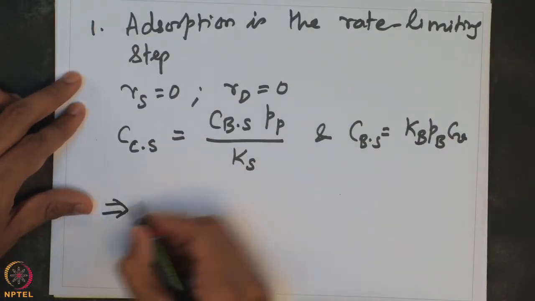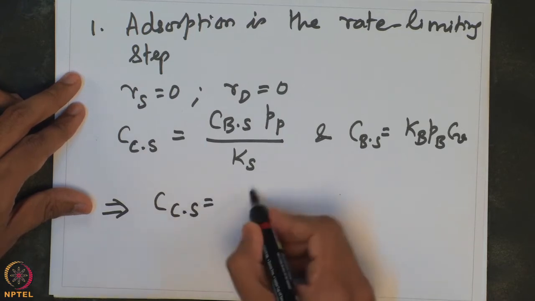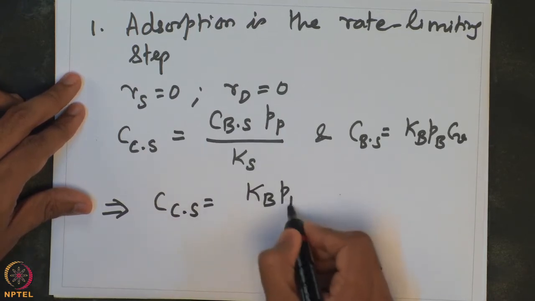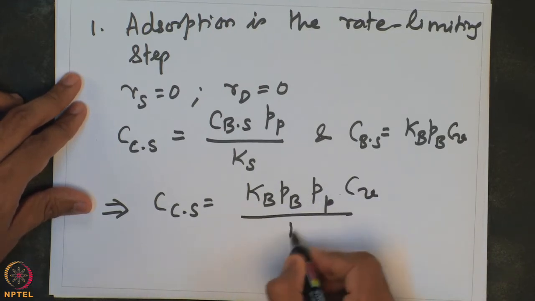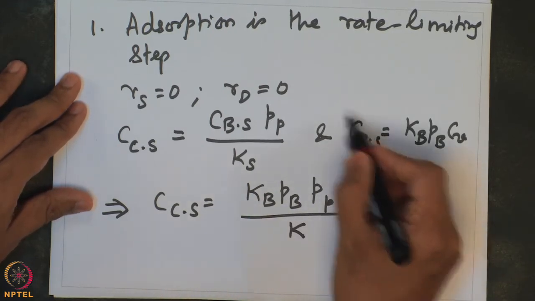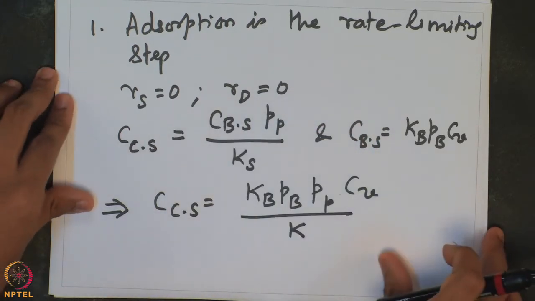So from here we will see that CCS is equal to Kb Pb P propylene Cv divided by Ks. All I have done is substitute CBS into this expression.